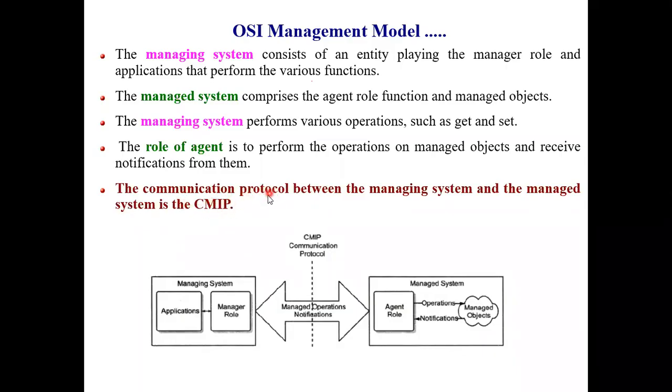So if the full form is asked in the exam, in objective MCQs, there also again there are chances that you go wrong. Okay, so the definition is the communication protocol between the managing system and the managed system, and the full form is Common Management Information Protocol, which is used in the OSI model. Because for OSI management we have CMIP, and for internet management, we have the SNMP protocol. So these two things you need to remember.